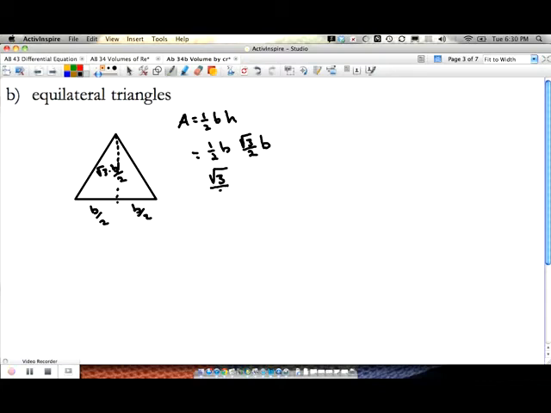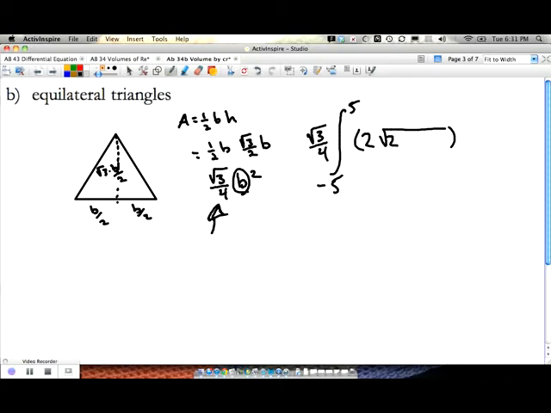So this came out to be radical 3 over 4 times b squared. But hey, we already know what b is. The only difference between the last problem and this one is this constant. So I just have to do the integral from -5 to 5 of the constant, square root 3 over 4, times that base, which is 2 radical 25 minus x squared, dx, squared because it's the base squared.